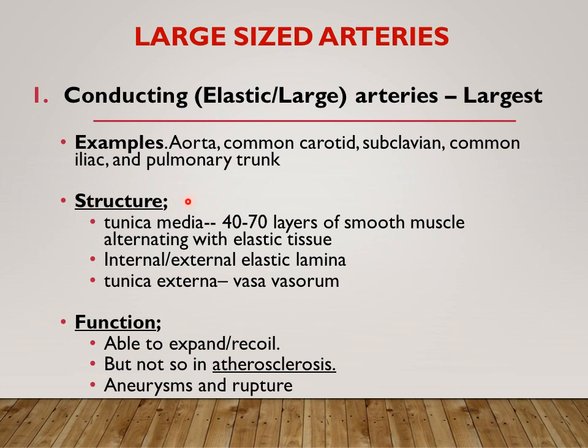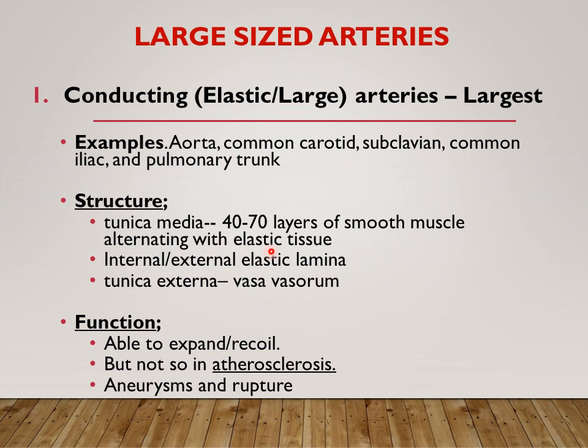If you look at their structure, because I have told you that the structure and the function change from the heart towards the tissue level according to the type of blood vessel. So in this artery, as you have seen, the tunica media is the thickest coat. The tunica media is composed of 40 to 70 layers of the smooth muscles with alternating elastic tissue, as it has to withstand the pressure introduced through the pumping action of the heart.